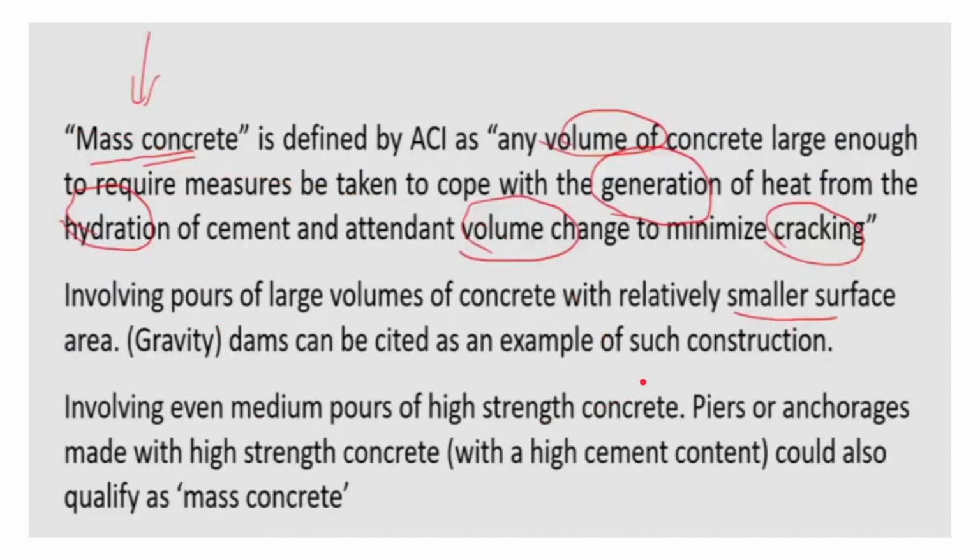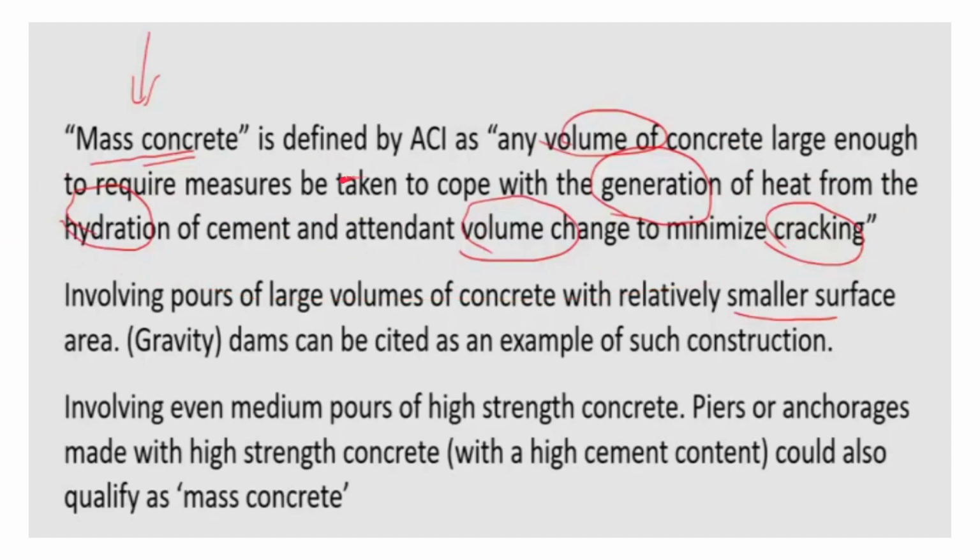So from this we come to the definition of mass concrete, a special concrete which we are going to discuss after this lecture. Mass concrete, according to the American Concrete Institute, is defined as any volume of concrete which is large enough to require measures to be taken to cope with the generation of heat from the hydration of cement and attendant volume change, to minimize cracking.